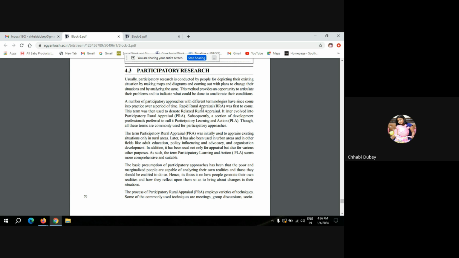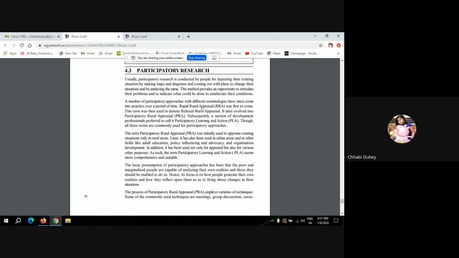A number of participatory approaches with different terminologies have been introduced over a period of time in participatory research work. One important one is the RRA, which is known as Rapid Rural Appraisal. This term was then used to denote relaxed rural appraisal. It later evolved into participatory rural appraisal, or PRA. And then a number of development professionals later called it participatory learning and action, or PLA.